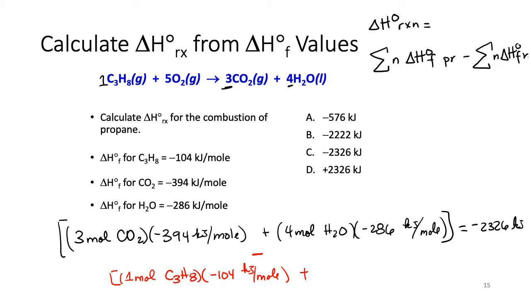To which I remind you again that if I am not giving you a number and I am not asking you to find it, it is because that value is 0. But for all intents and purposes, I'm going to write it down: 5 moles of O2, and it's 0 kilojoules per mole. So this gives me negative 104 kilojoules.